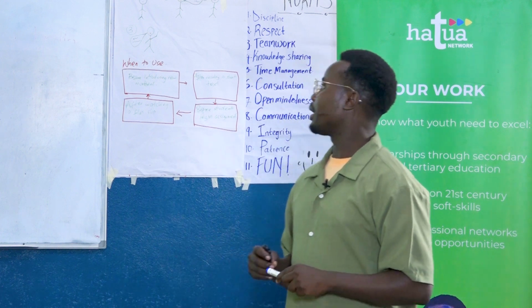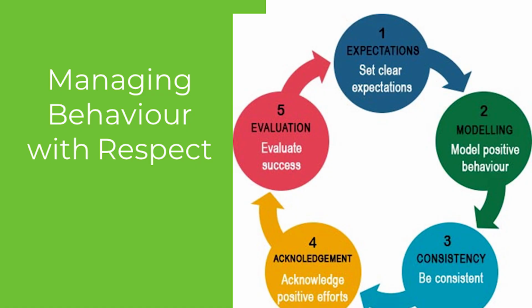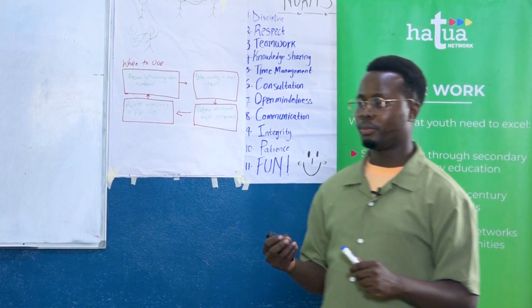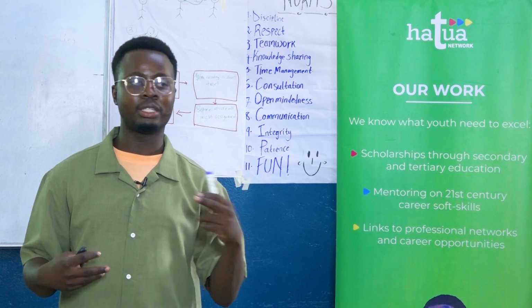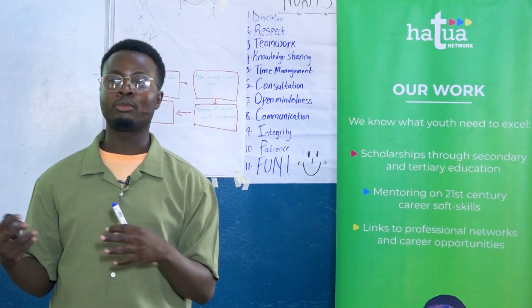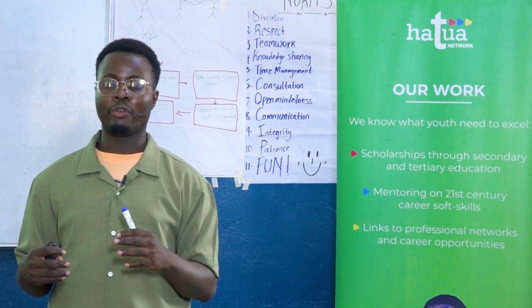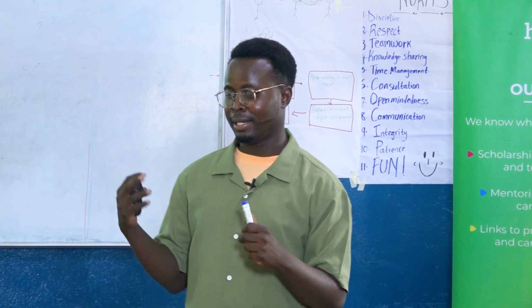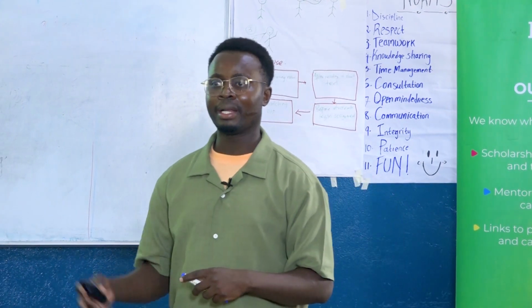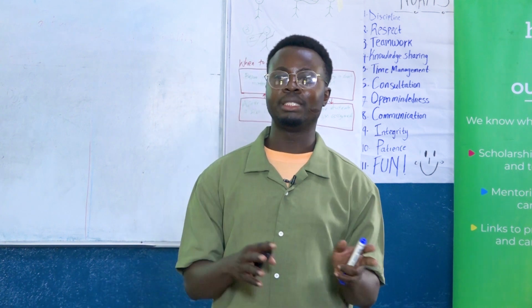Make them clear. Secondly, modeling. Model positive behavior. In what way? Yourself. Are you respecting them? Do you address them with respect? You want them to arrive early in class. What time are you arriving? If you are teaching about time management, sometimes it's so funny, you find a facilitator teaching about time management and themselves, they want to end the session like 20 minutes later.